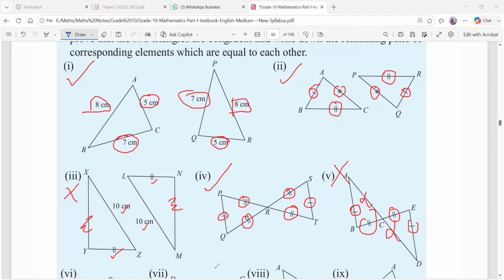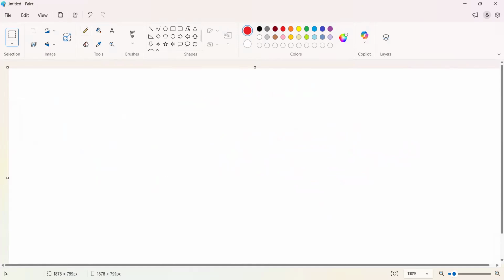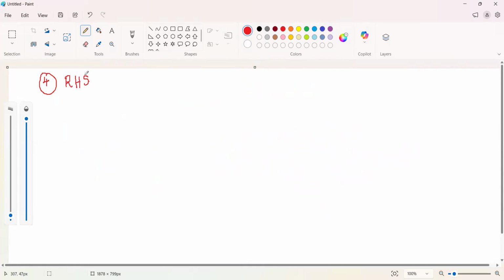Okay. And the next thing is right angle hypotenuse case. We call it the RHS case. Fourth one. What is the right angle hypotenuse side case?